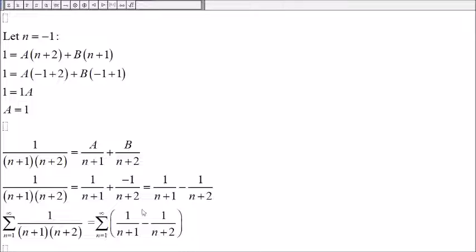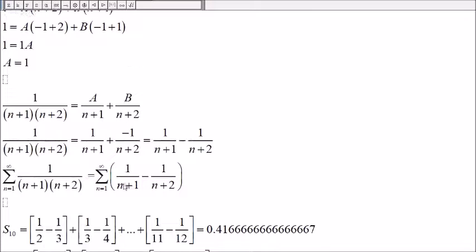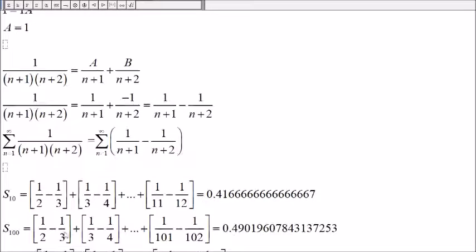So this is an infinite series, and now let's find the first 10 terms. The sum of the first 10 terms is 0.4166. The sum of the first 100 terms is 0.901.